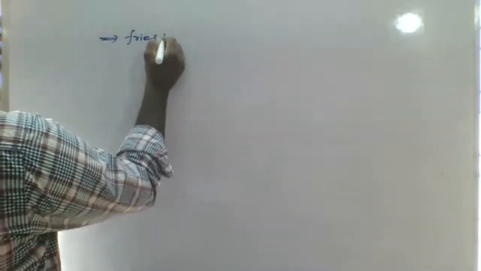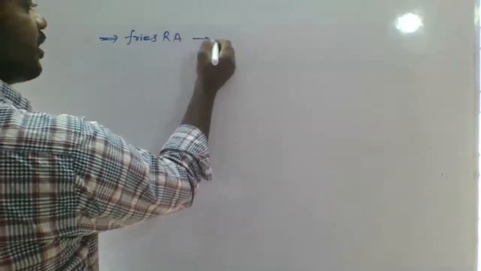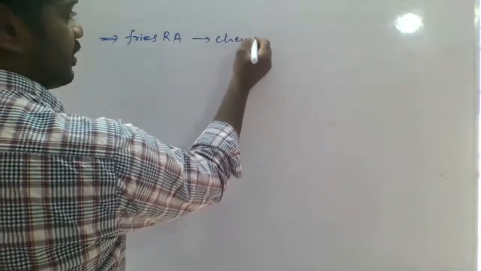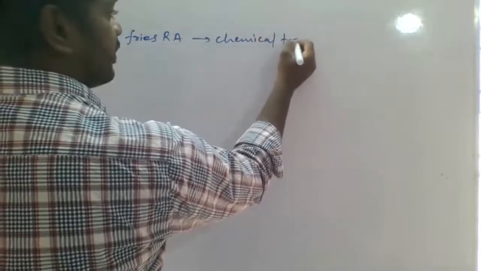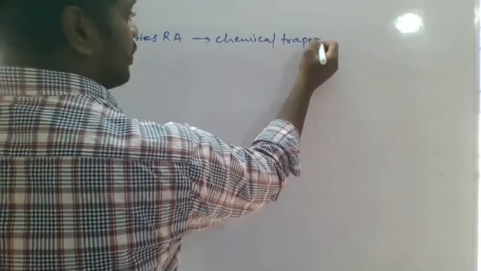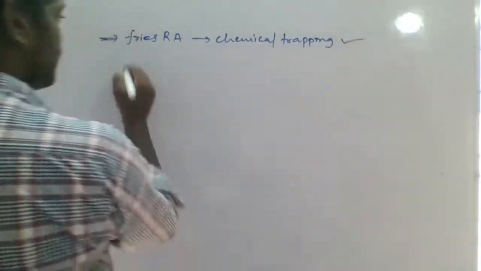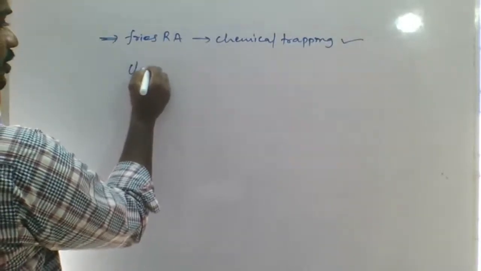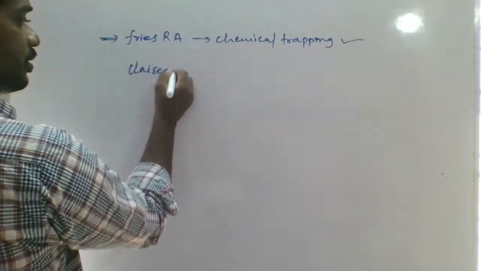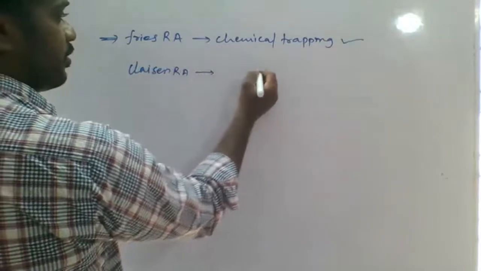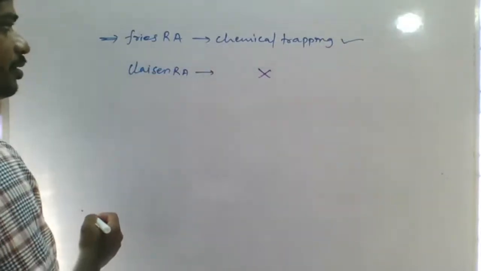So, as a final conclusion, in Fries rearrangement, chemical trapping takes place. Here Claisen rearrangement, no chemical trapping.